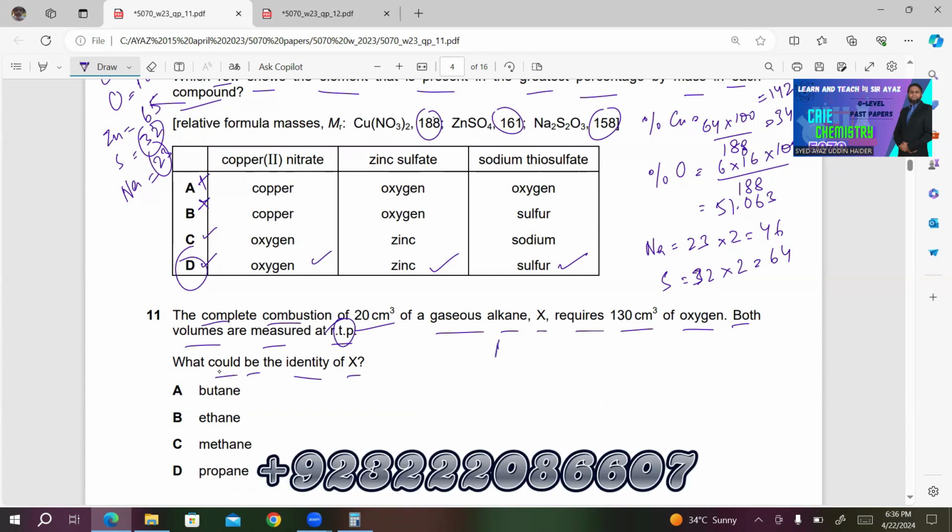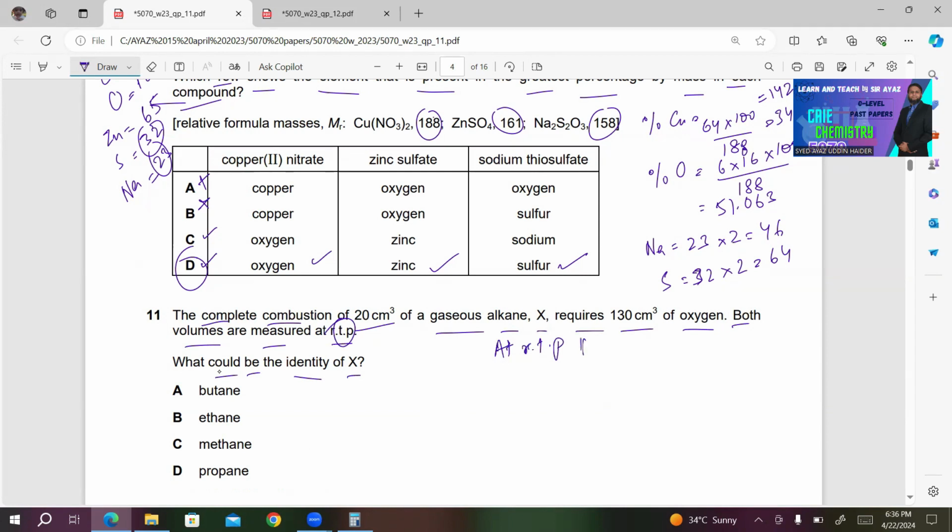So at RTP, 1 mole occupies 24,000 centimeter cube. Therefore, X mole occupies 20 centimeter cube.